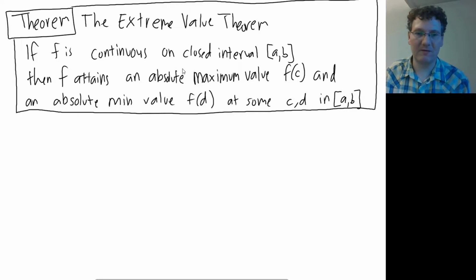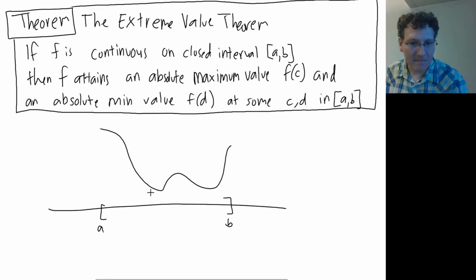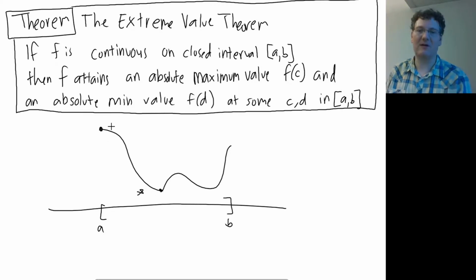If you're looking at from a to b, no matter what your function does, as long as it's continuous, it must get to some lowest point and it must have some highest value, no matter what crazy curves.